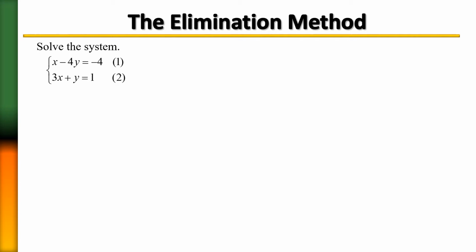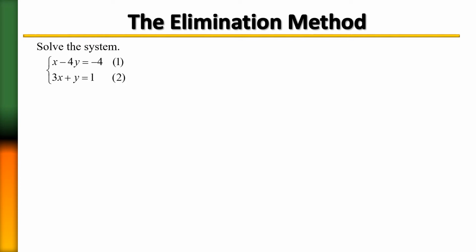In other words, notice when you solved by the substitution method, once you plugged one equation into the other, you actually had to solve the equation for x or solve it for y. Well, the thing with equations is you cannot solve for x and solve for y at the same time. You can only solve for one variable at a time. So that means you have to eliminate one so you can solve for the other.